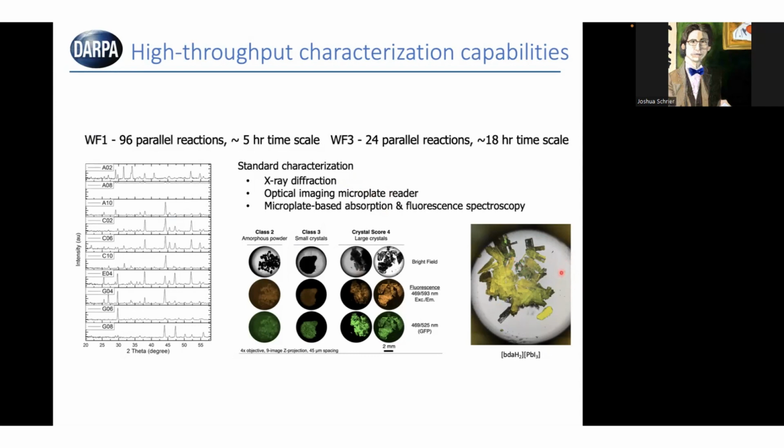So we can just take a picture, but we can also do absorption and fluorescence spectroscopies on the samples. And again, this is largely off the shelf equipment. The hard labor that the postdocs were engaged in was really trying to figure out ways to make the samples work with the off-the-shelf equipment.